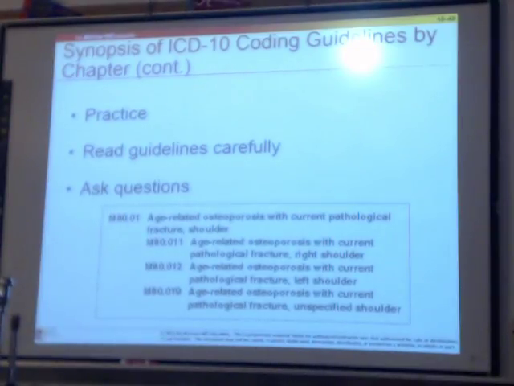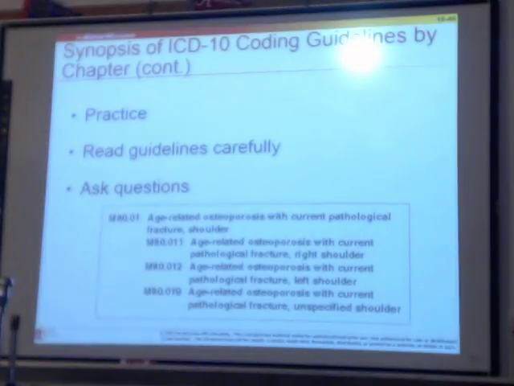And so here we see an actual little section of the ICD-10 book. I'm going to read some information, and we're going to actually look it up. But this one is for osteoporosis. So if we were just looking up someone, an 85-year-old woman who had a shoulder fracture related to osteoporosis, we have to read all of these, because M80.01 is age-related osteoporosis with a pathological fracture to the shoulder.